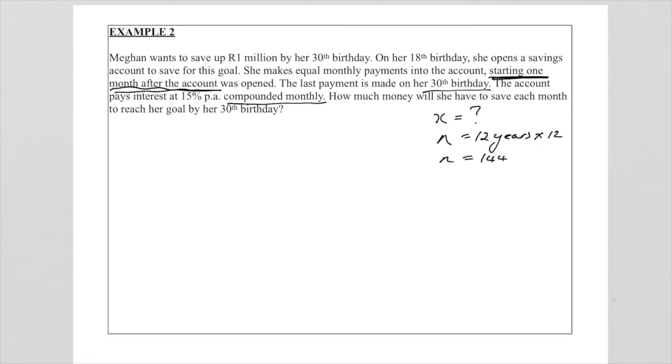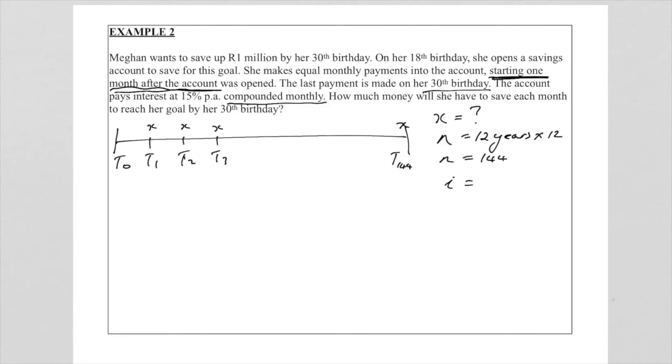So if I can just quickly show you a timeline that represents this information. This is our T0, T1, T2, T3, and this will be T144. So the payments will be X and X and X and up to that one. So that is the payments for the 144.